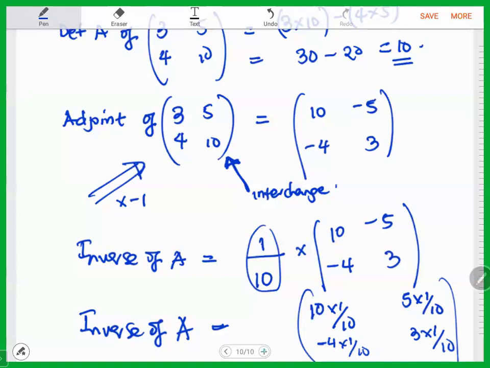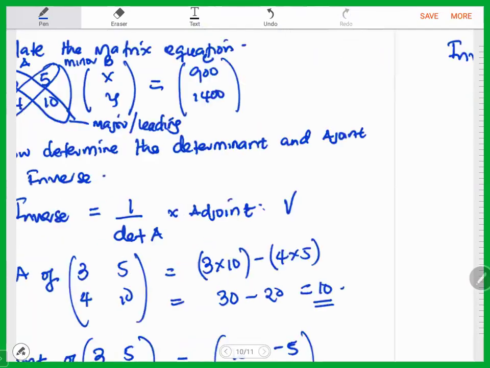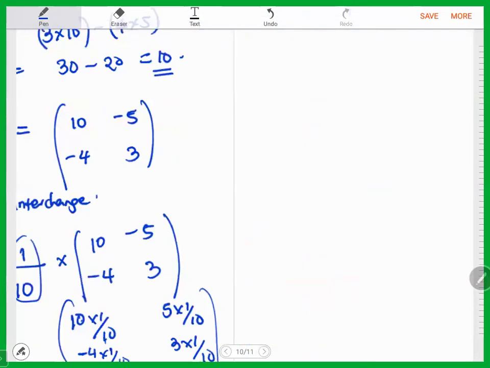And what is 10 out of 10? So our inverse will equal, by looking at this, 10 times this gives us a 1.